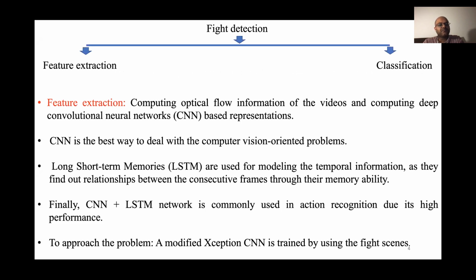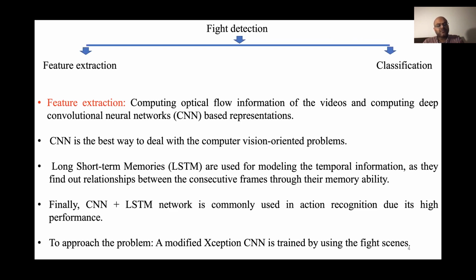representation. CNN is the best way to deal with computer vision oriented problems, and LSTM is used for modeling the temporal information, as it finds the relationship between consecutive frames through its memory ability. So finally, a CNN plus LSTM network is used for action recognition due to its high performance.